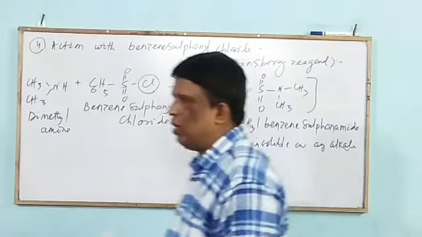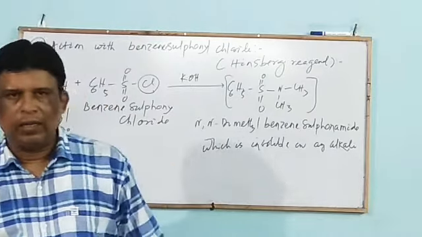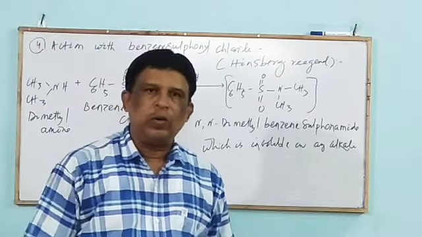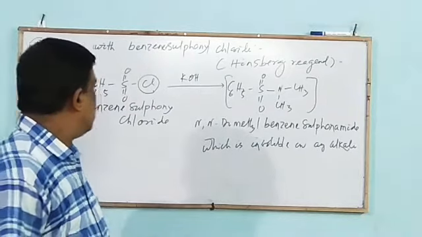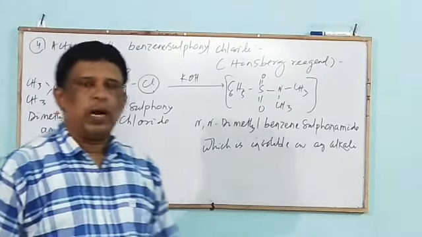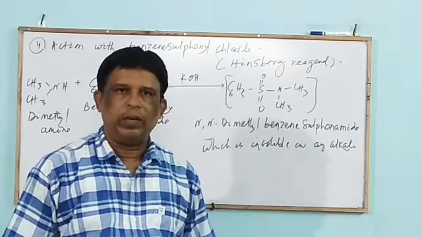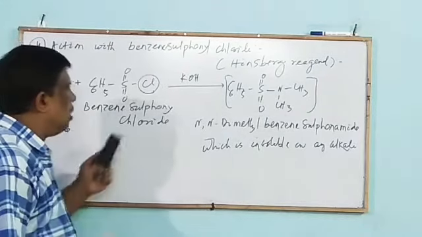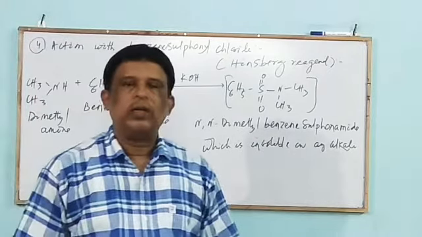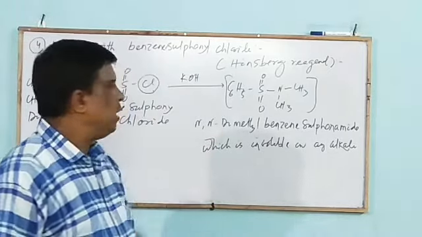It is not soluble in alkali. So in this way, one is able to use the Hinsberg reagent to distinguish between 1-degree amine and 2-degree amine. The tertiary amine, it is all about primary amine and secondary amine. Tertiary amine does not respond to this Hinsberg reagent.